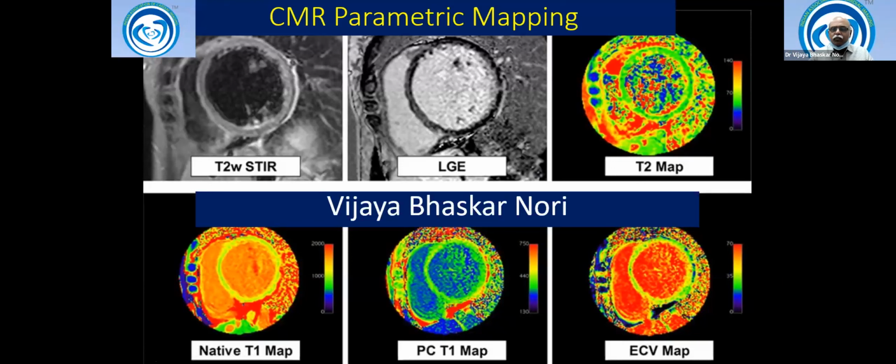So parametric mapping is about showing the inherent properties of the myocardium, that is T1 and T2 relaxation, in a pixelated form. Each pixel contains the relaxometry value, the T1 or T2 of the myocardium at that particular voxel. That is known as parametric mapping.